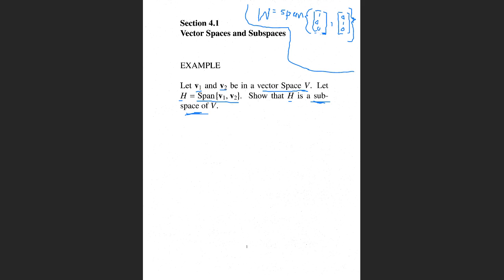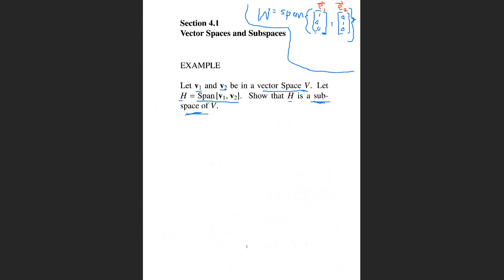So what I've done here is I've written W equals the span of the vectors 1, 0, 0 and 0, 1, 0. We know those as vectors E1 and E2, and I'm trying to write very neatly here so that it's legible. It's not a typed document, but it's legible.